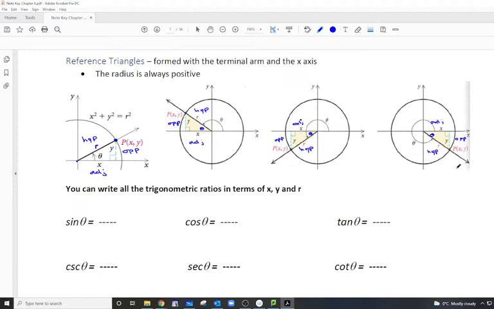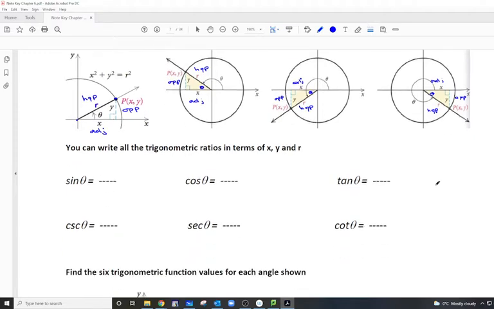It doesn't change. So now, because we're going into this coordinate geometry, instead of talking about opposite, adjacent, hypotenuse, we can write the ratios in terms of x, y, and r. If you want to always think opposite, adjacent, hypotenuse, cool, you will not be disadvantaged, but you can get things faster if you recognize that sine theta, instead of being opposite over hypotenuse, we can now label as y over r, where r is the radius of the circle and y is the y value of the coordinate point.